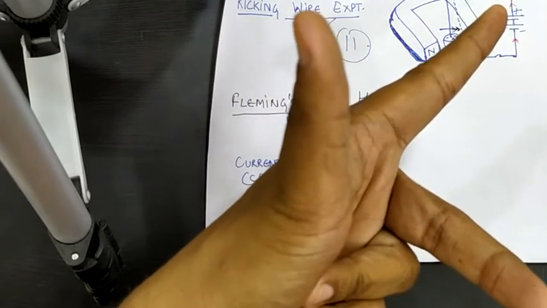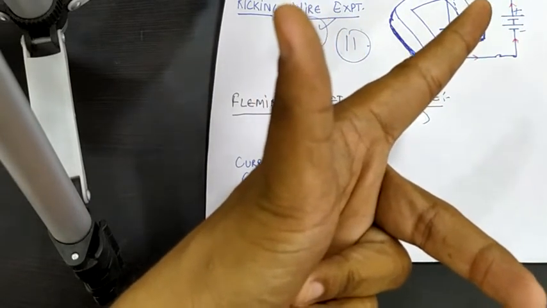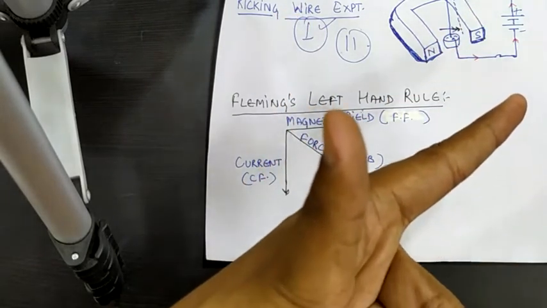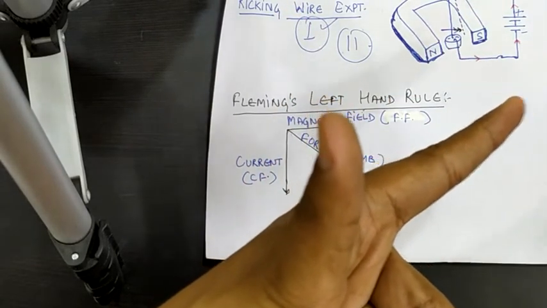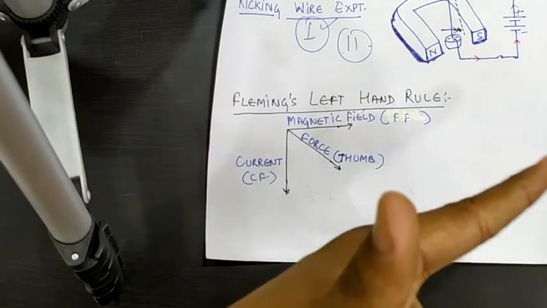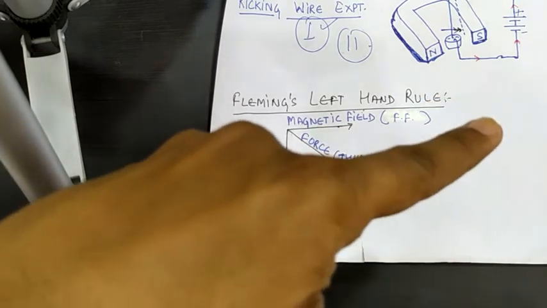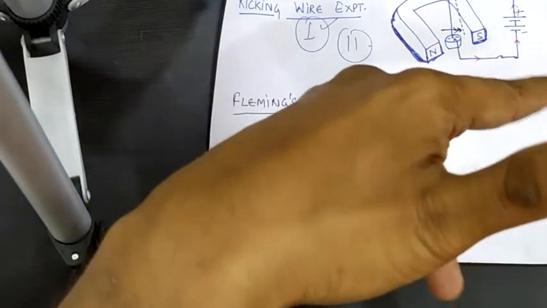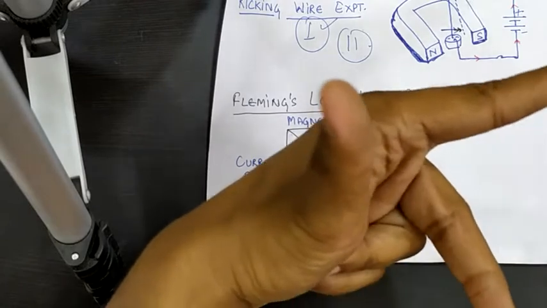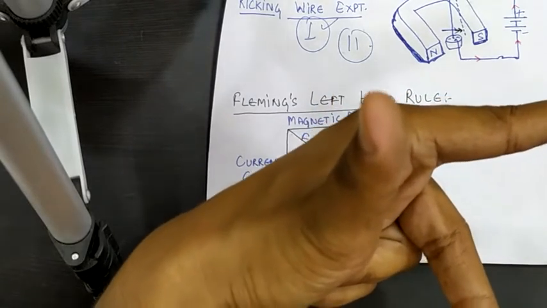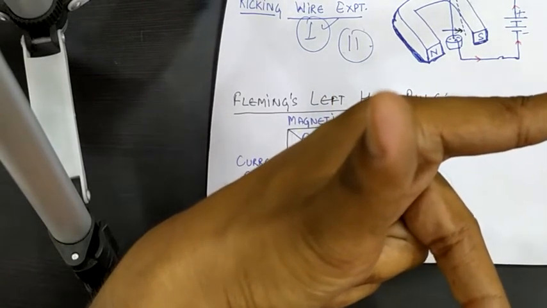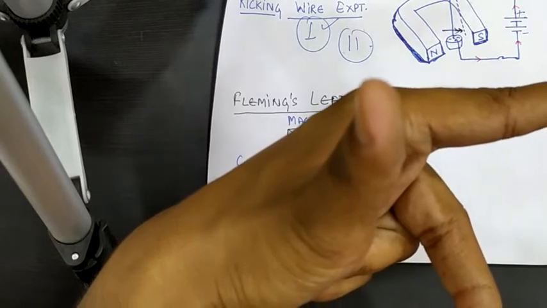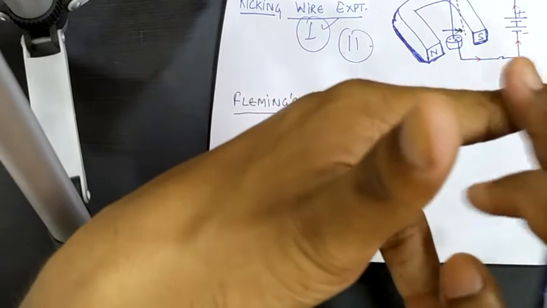So adjust your hand in such a way that the forefinger points in the direction of the magnetic field. The center finger points in the direction of current, as you can see in this example. Got it? Center finger is in the direction of current, and forefinger in the direction of magnetic field.